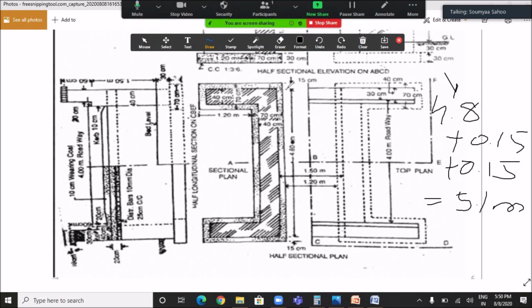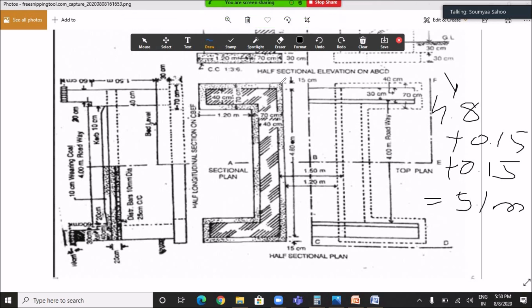So, and the breadth of the abutment for which excavation work is done is from here to here, and this breadth is given as 70 centimeter, which is equals to 0.7 meter. And what is the depth of the abutment for which excavation work is done?